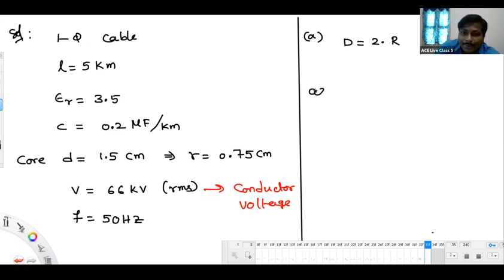As you know, the capacitance expression is 2 pi epsilon naught epsilon R by natural logarithm of capital R by small r.